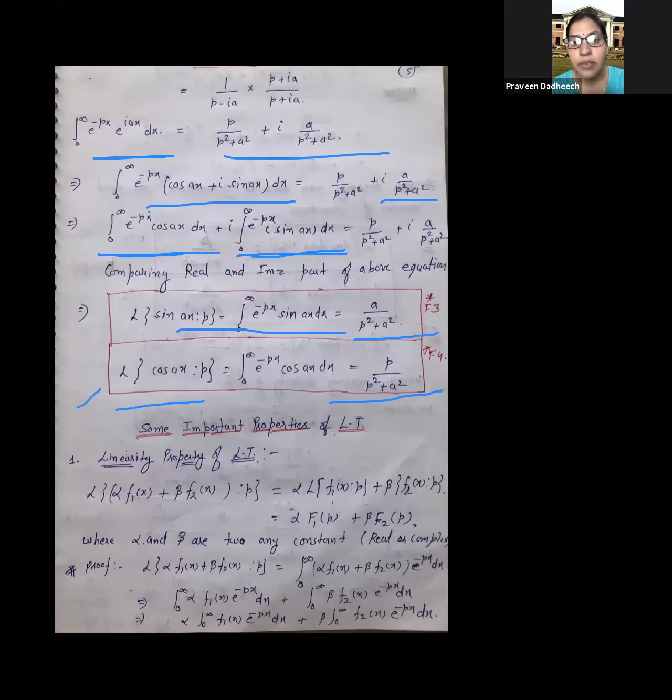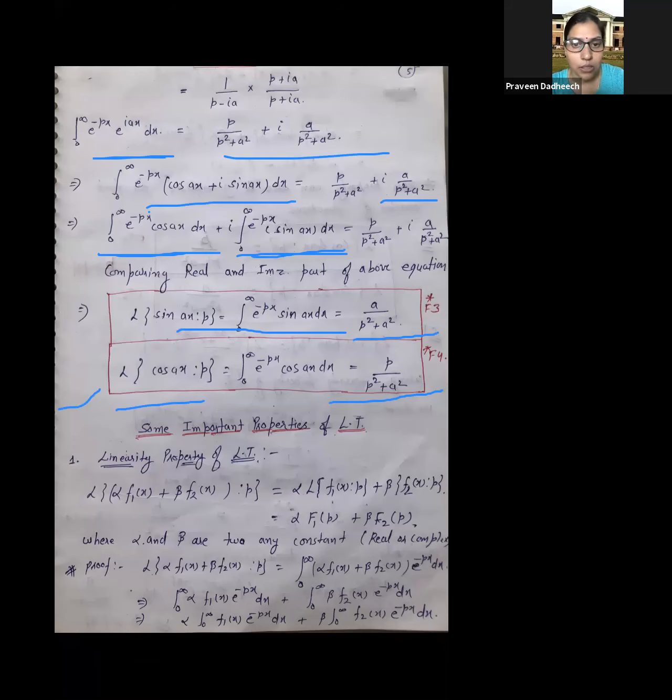Now, first we are deriving these formulas, but later, for further study, we have to remember them. Laplace transformation of the function f(x) equals 1: the Laplace transformation of 1 is 1 upon p. Laplace transformation of x is 1 upon p square.